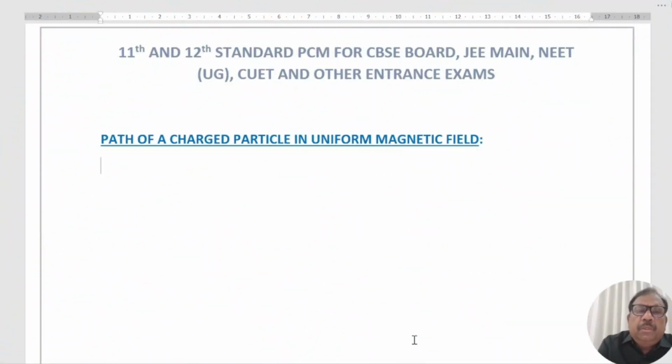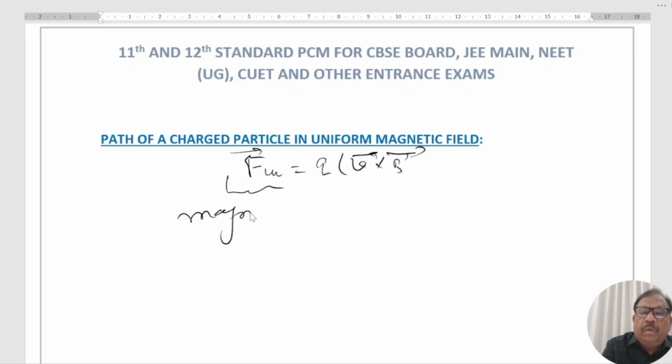Now let's move further. The concept applicable in today's session is the path of a charged particle in a uniform magnetic field. You know, Fm equals Q V cross B, the magnetic force experienced by a positive charged particle.